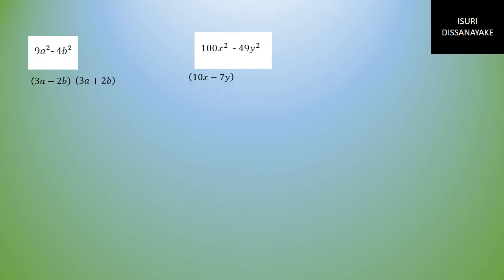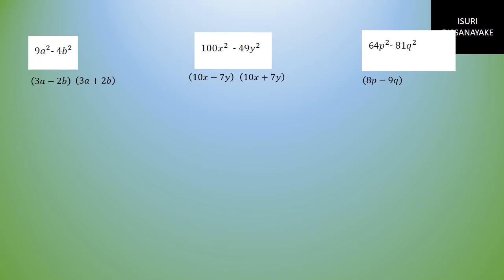So we have (10x minus 7y)(10x plus 7y). 64p squared minus 81q squared. So 64 means 8 squared, 81 means 9 squared. We have (8p minus 9q)(8p plus 9q).